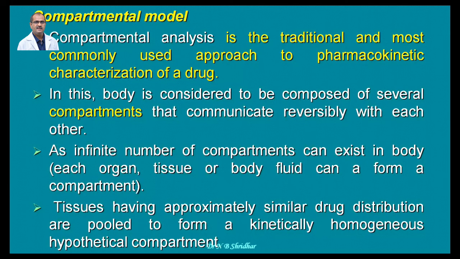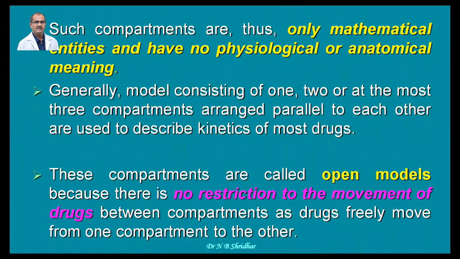Tissues having approximately similar drug distribution are pooled to form a kinetically homogeneous hypothetical compartment, for example kidney and liver, if both are equally distributed with a particular drug.